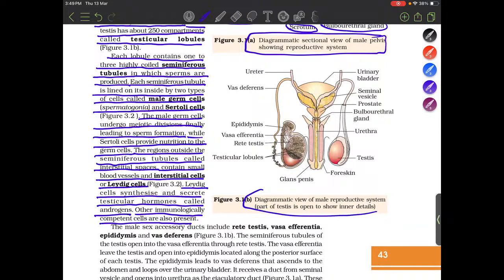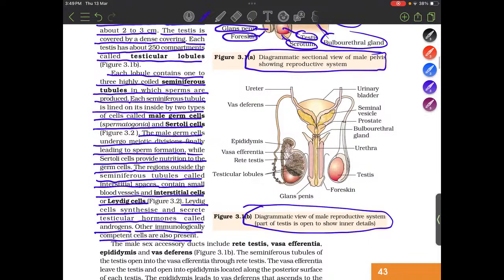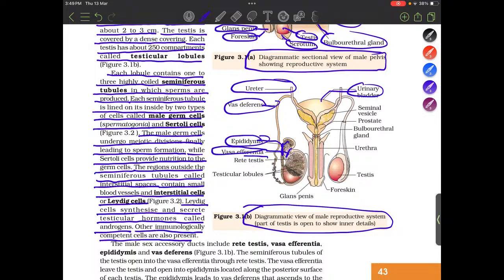Here is a diagrammatic view of the male reproductive system. Part of testis is open to show inner details. This is ureter, this is urinary bladder, this is vas deferens, and these are epididymis, and these are vasa efferentia and rete testis.